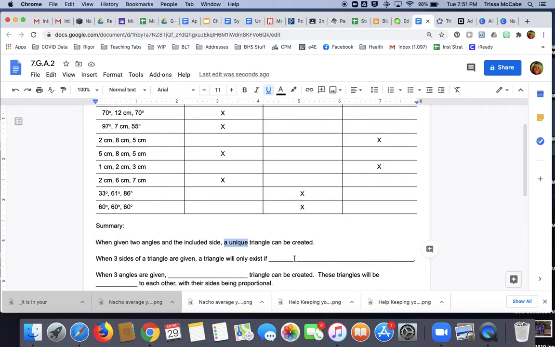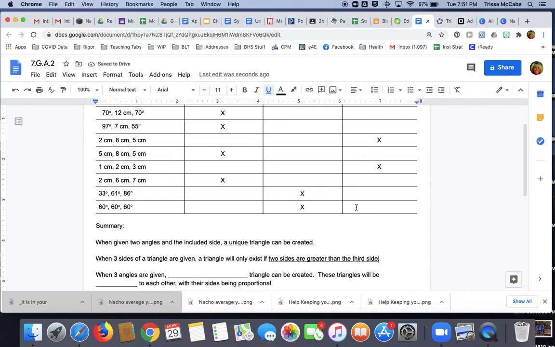So when three sides of a triangle are given, a triangle will only exist if two sides are greater than the third side.